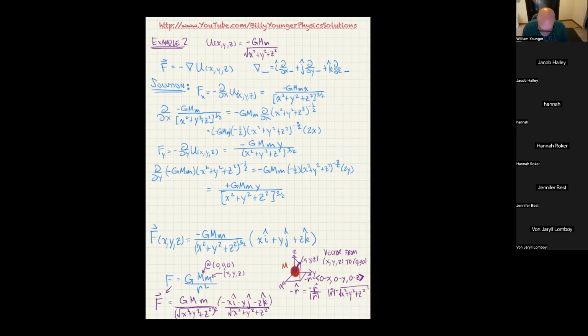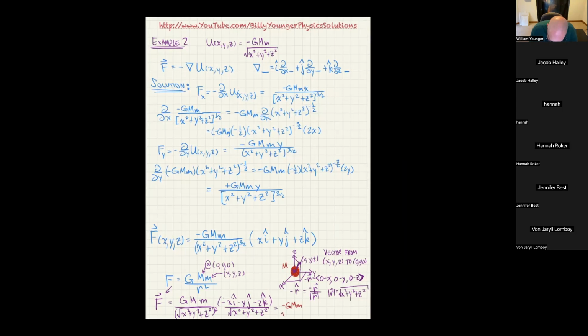So now I think you can see that what we really have is, and I'll write it in red here, negative GMM. Now notice I have x squared plus y squared plus z squared to the negative 2 halves times x squared plus y squared plus z squared to the negative 1 half. So that ultimately gives me to the negative 3 halves.